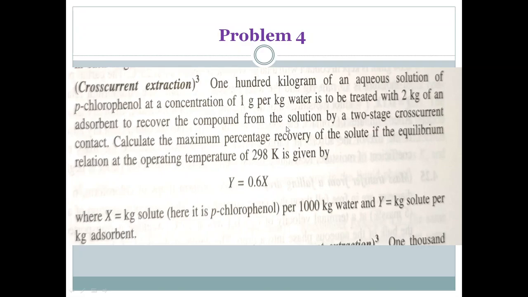compound from this solution. Calculate the maximum percentage recovery of the solute if the equilibrium relation at the operating temperature at 290 K is given by capital Y equal to 0.6x, where x is kg solute per 100 kg water and Y is kg solute per kg absorbent.